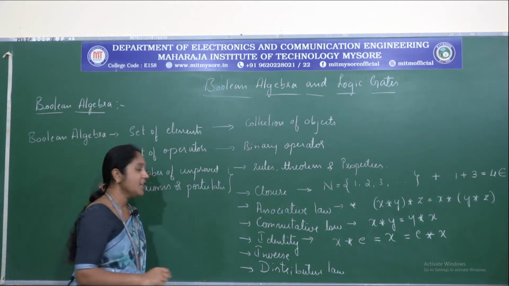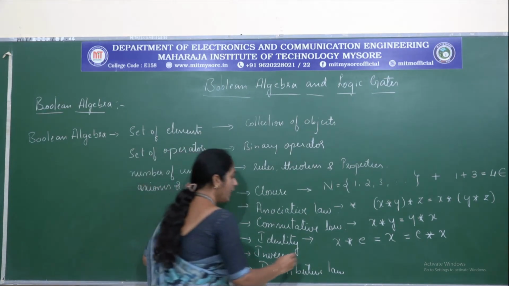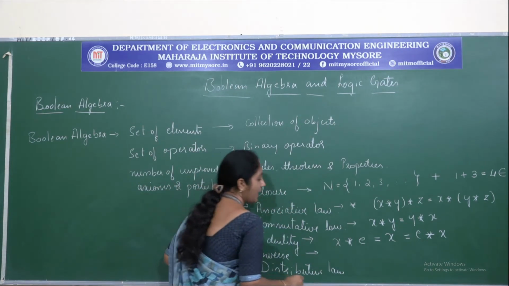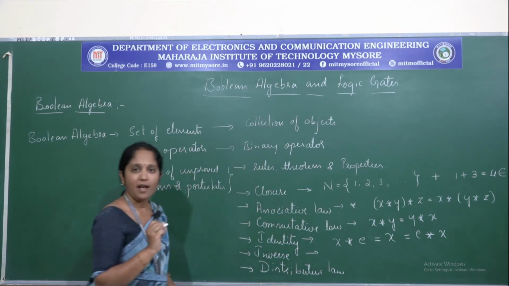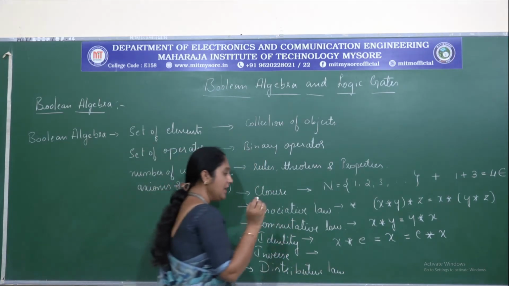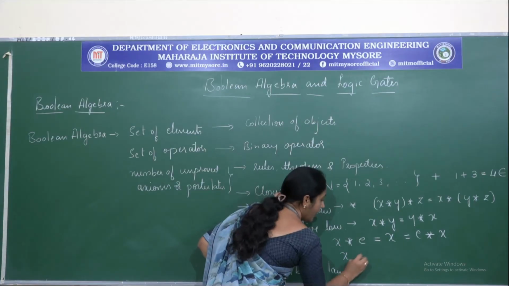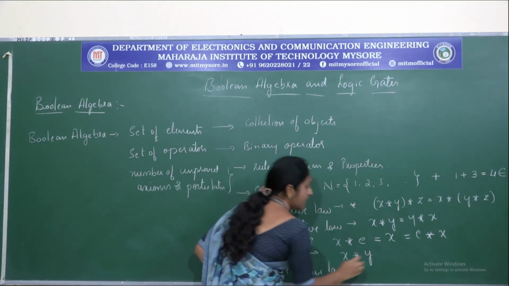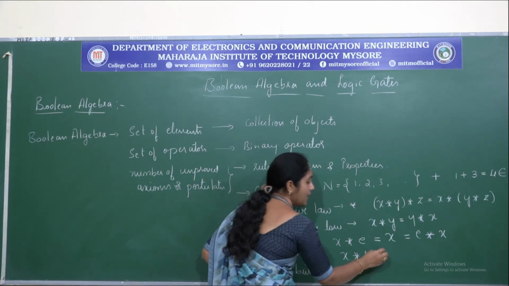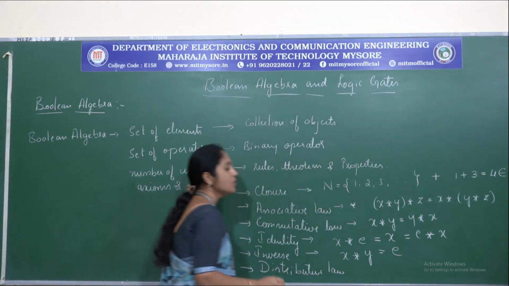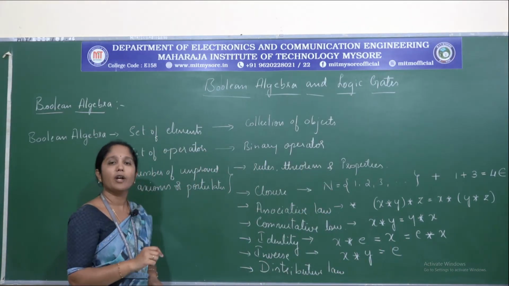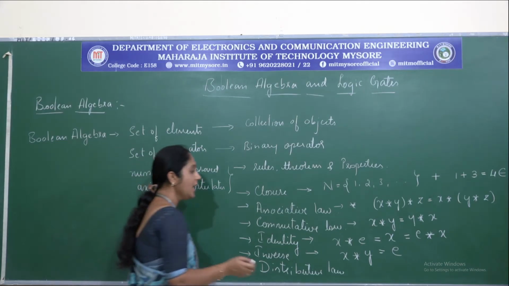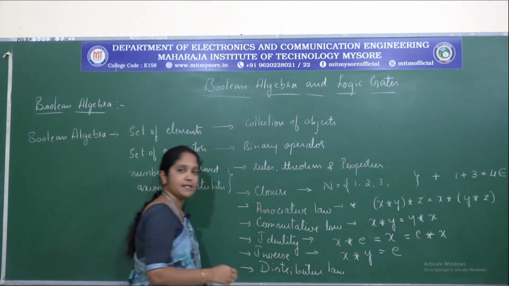Next we have inverse. The inverse property says that if a set has an identity element, then there will be some element y which will result in x star y is equal to E. Whenever we have such a relation, then we say y is the inverse of x.